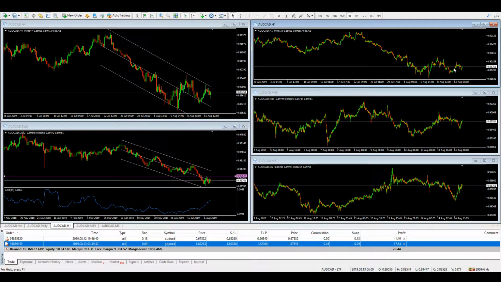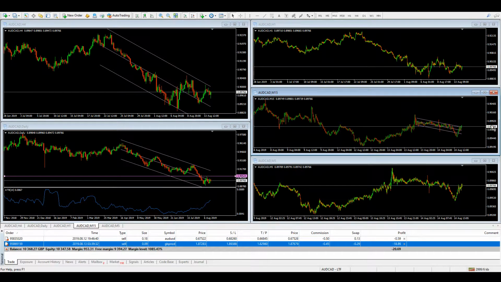These lower time frames aren't great. Not a trade that I would personally take, but one way that you could structure this is, if I were to do this, it would be 0.5%.